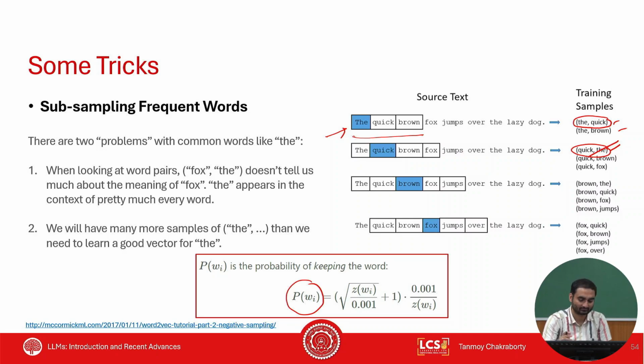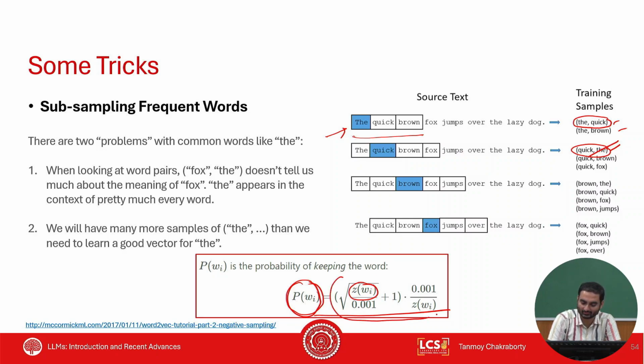What does it mean? Now this is the probability. This is again kind of a unigram probability, but with small changes here and there. So P of W is the probability of a particular word. What is Z of W? Z of W is the raw frequency of the word W_i.